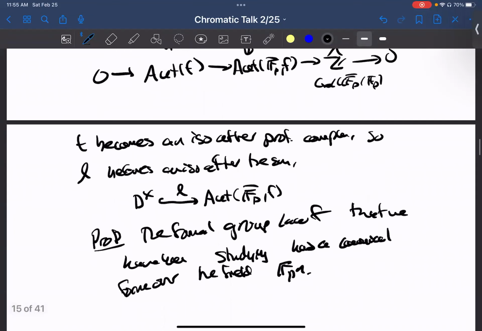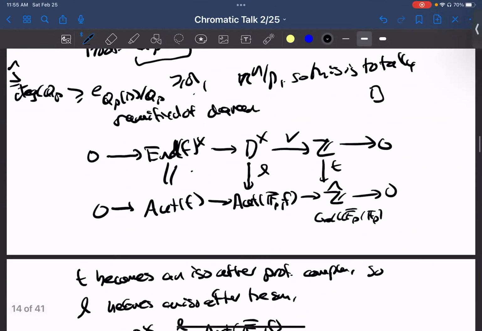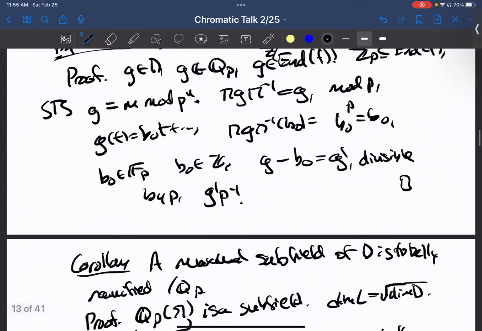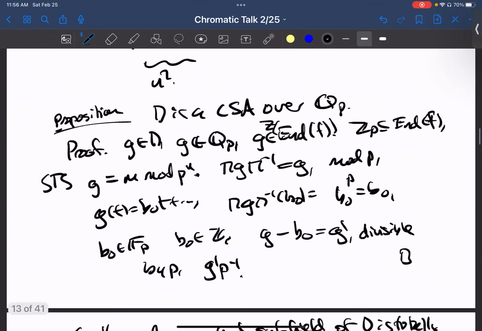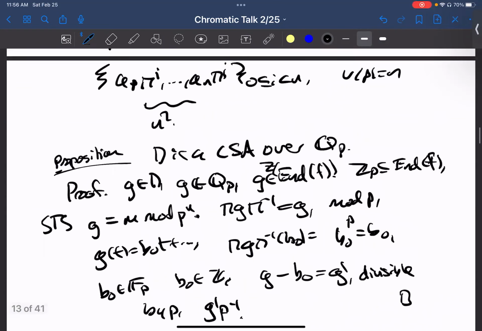So this is going to just be, let's see, sort of by the fact that we had before that the quotient here was FP to the n. So we want to try and figure out what we can do with that.